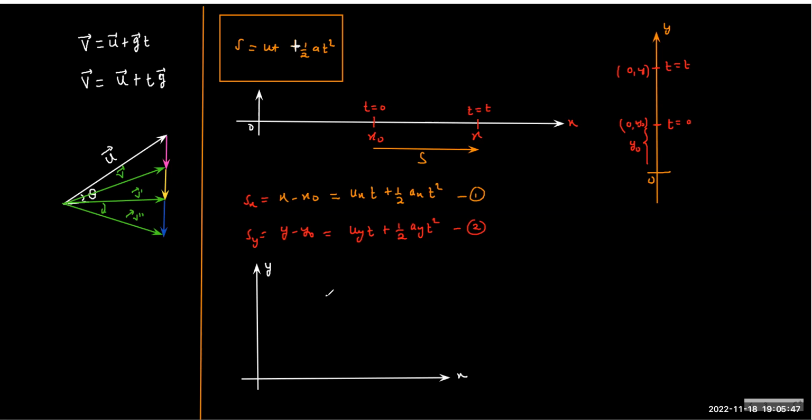So you are at this location and then you move. Let's say this is projectile motion. You go to this location. This is called your initial position. And this is called your final position. Nothing you remember, nothing.